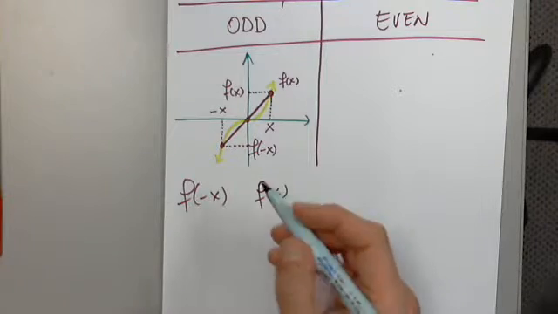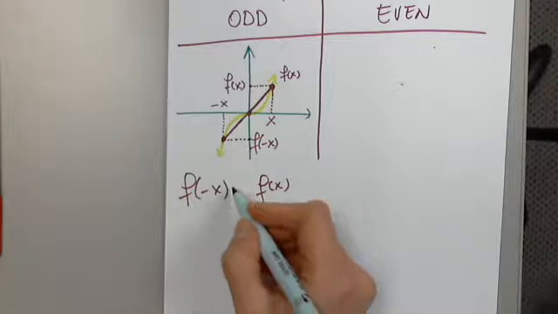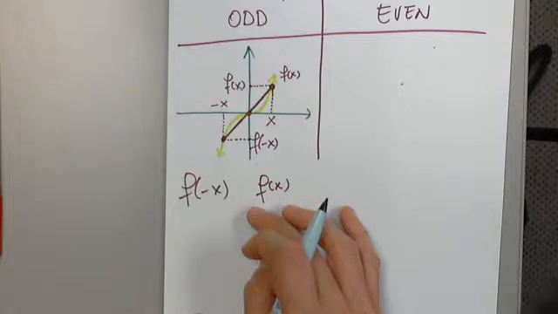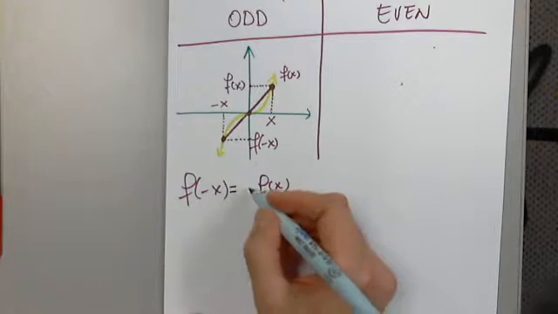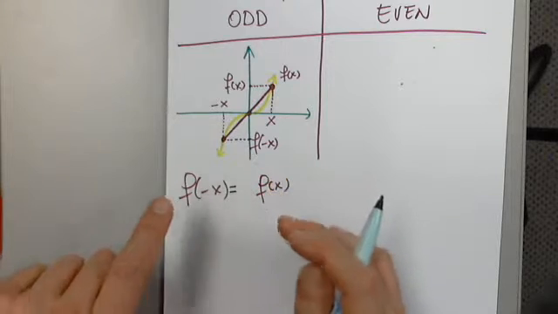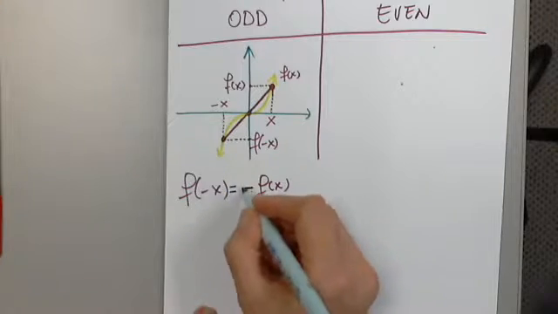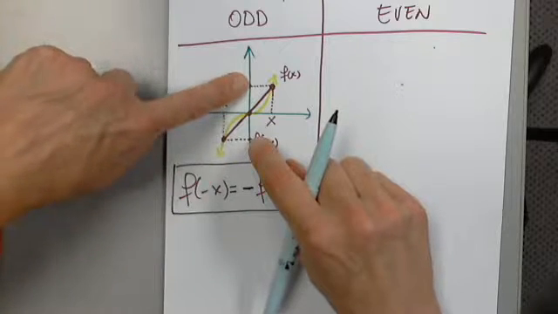F of negative x will... Can I say that they are equal? They are not equal. We just said they were opposites. So if this is 5, how much is this side? Exactly. Opposites. F of negative x will be the opposite of f of x.